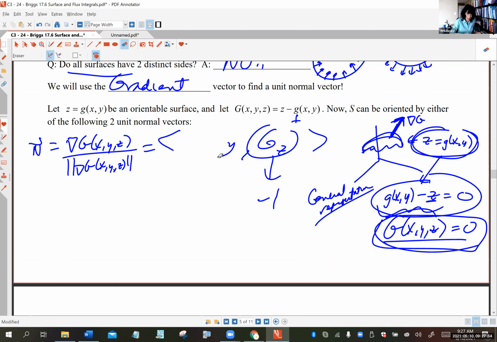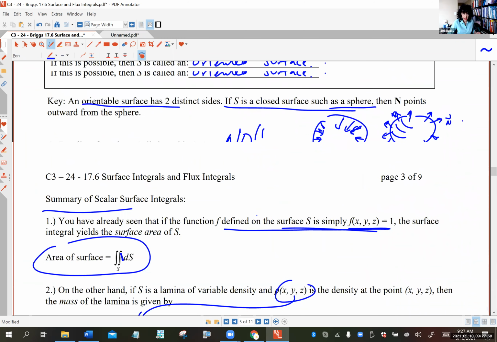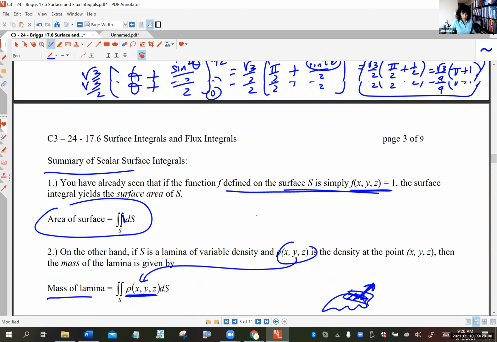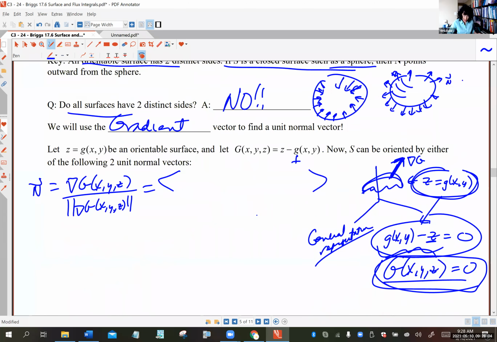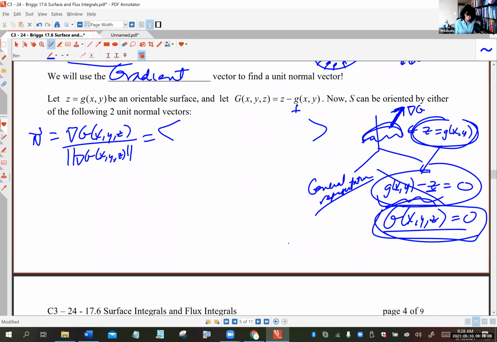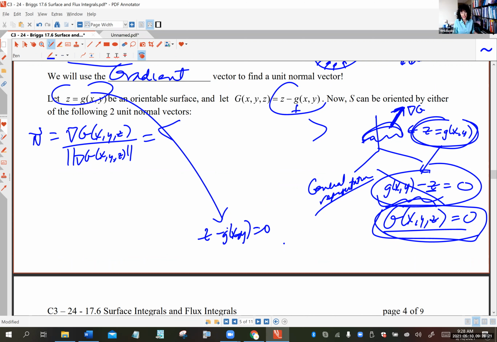That's okay, but what if you want to orient up? Instead of subtracting z from both sides, take this equation and subtract the little g from both sides instead to get everything on one side and 0 on the other.